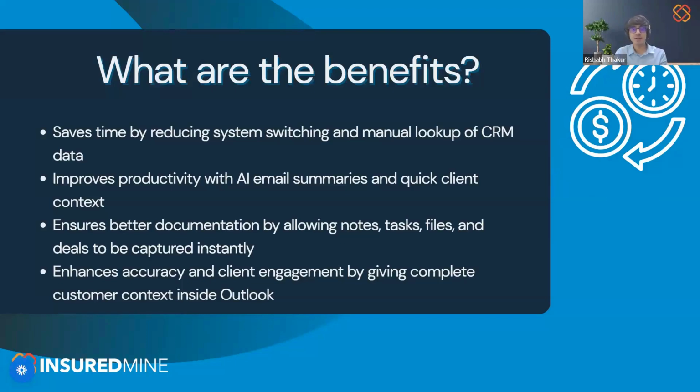If something comes in from your client, you just download it and bring it over here. Or if you just want to create a quick deal, you can do that as well. These are most of our features, but mostly it's about saving your time and giving you quick access to our small mini CRM inside your Outlook.